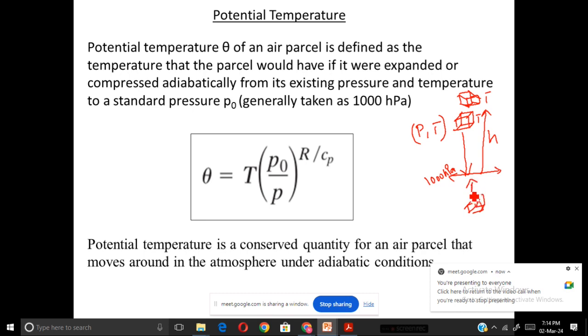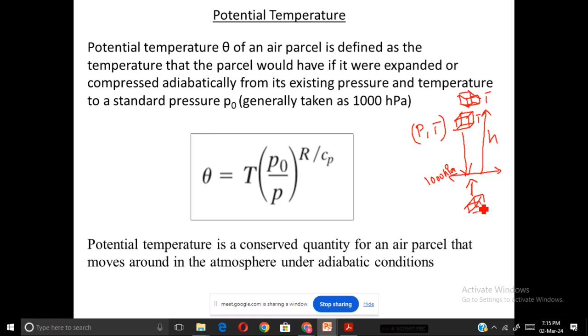In that case, when we are taking it up in the atmosphere, it will undergo an adiabatic expansion. So based on the pressure level at which the parcel is present, by undergoing adiabatic expansion or compression, we take an air parcel from its existing pressure and temperature to a standard pressure P0. The temperature that it attains while being brought down or up is known as the potential temperature.